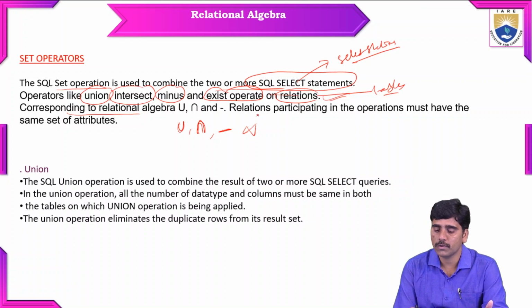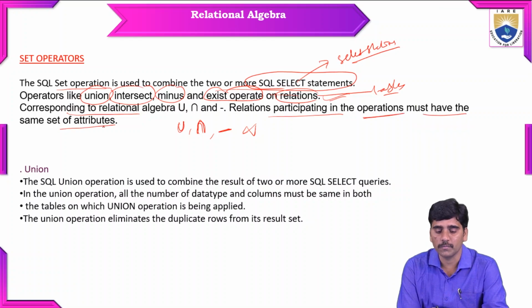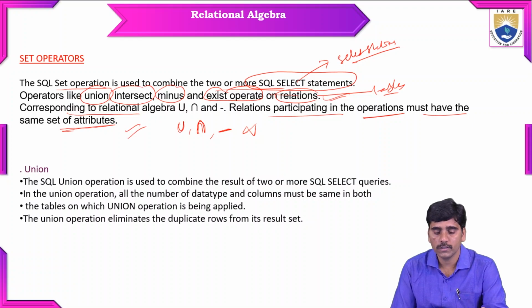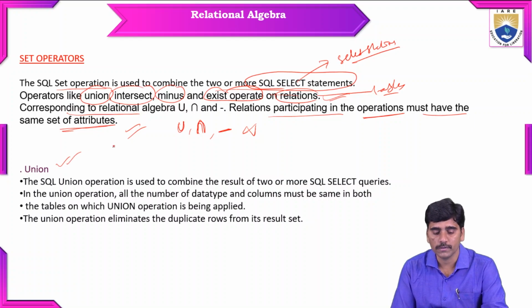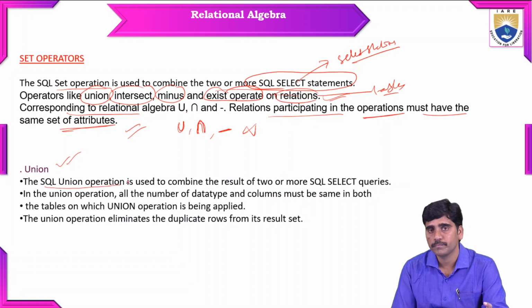Relations participating in the operations must have the same set of attributes. The first one is the union operation. The SQL union operation is used to combine the result of two or more SQL select queries.